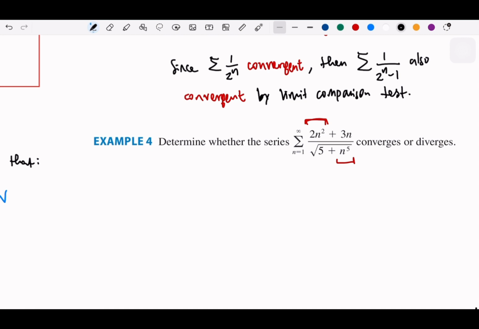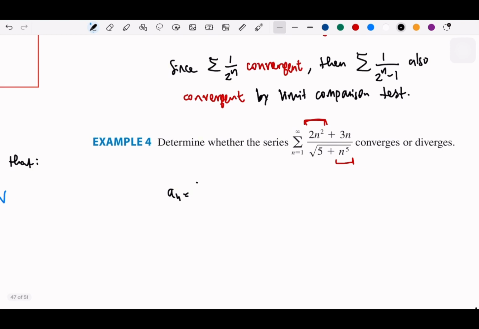Okay, so first we can take an, let's say 2n squared plus 3n, and bn, I will take 2n squared, the dominant one, and this one will be n with power of 5 and a square root.